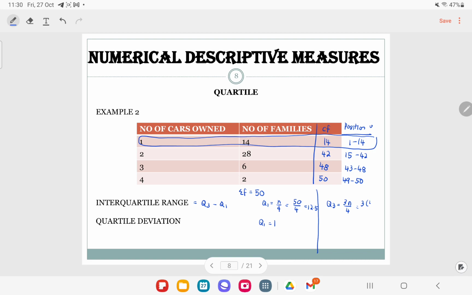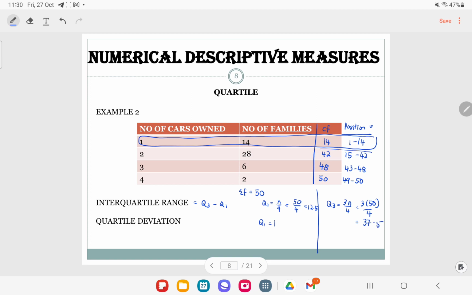And then the third quartile, so 3 multiplied with 50 divided by 4, will be 37.5.